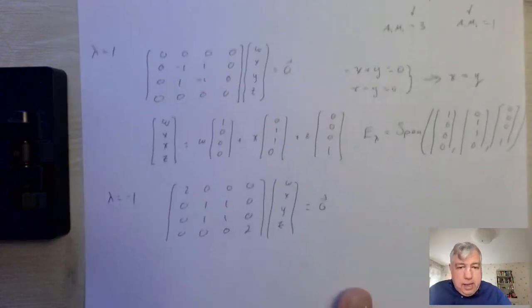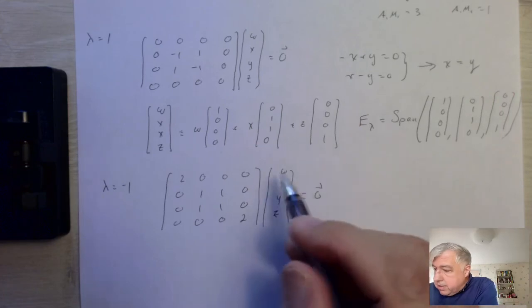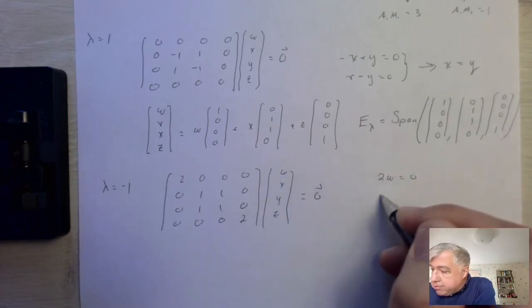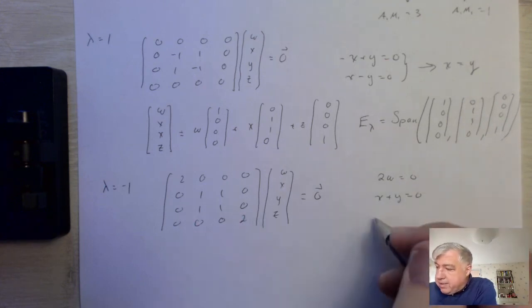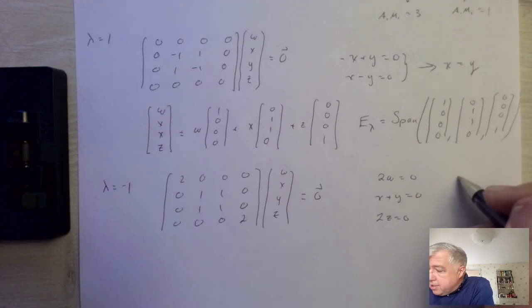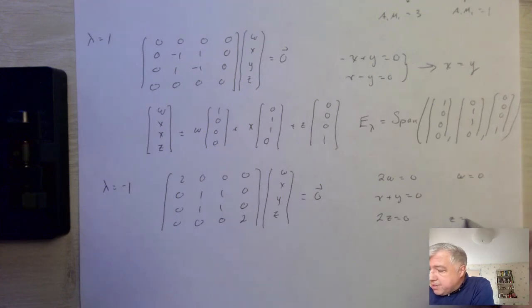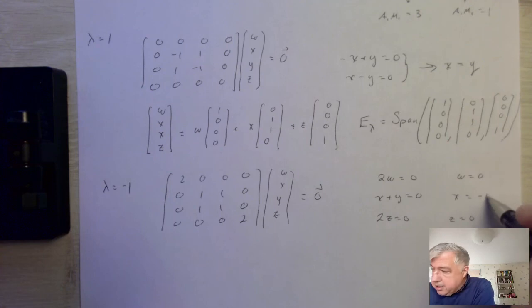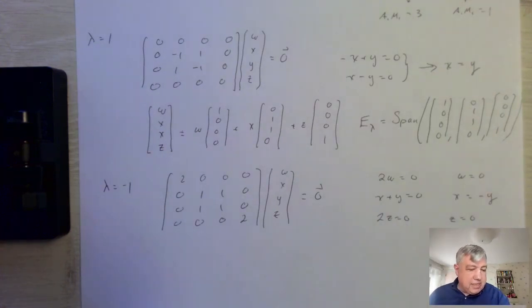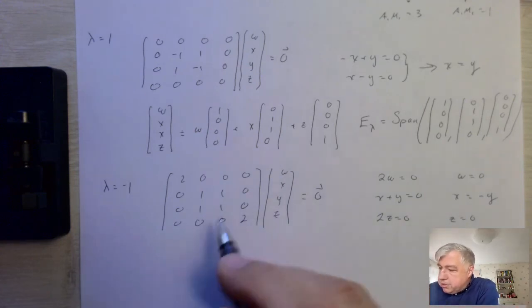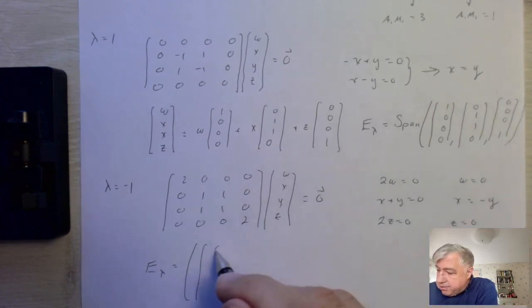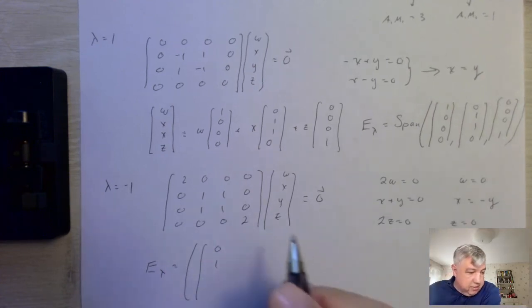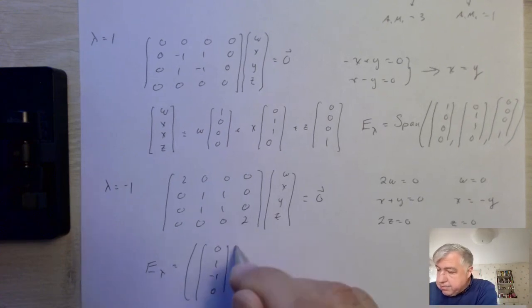This gives us 2w equals 0, x plus y equals 0, x plus y equals 0 again, and 2z equals 0. So w has to be 0, z has to be 0, and x is minus y, or y is minus x. So you can see that in this case the eigenspace is going to be generated by (0, 1, negative 1, 0).